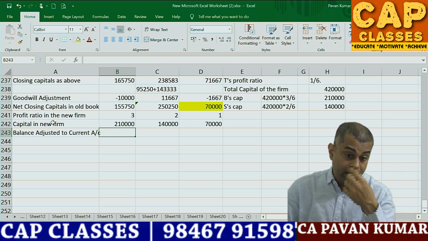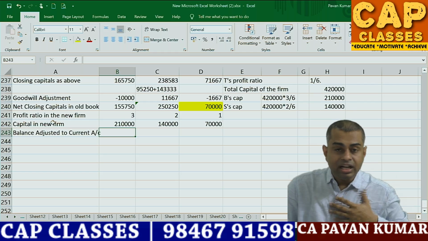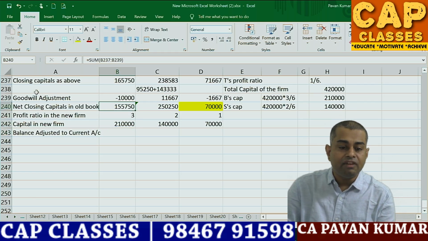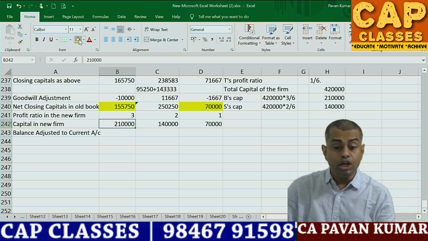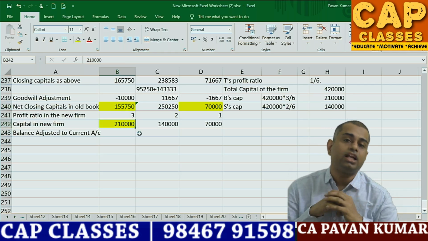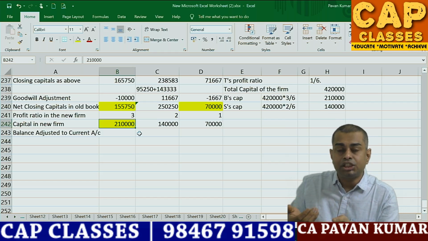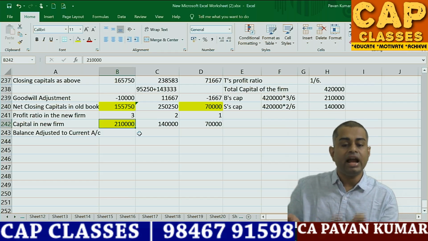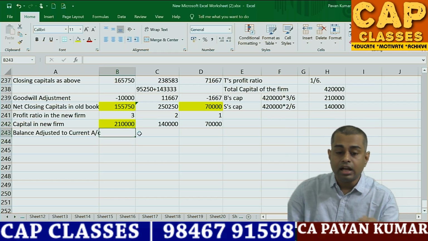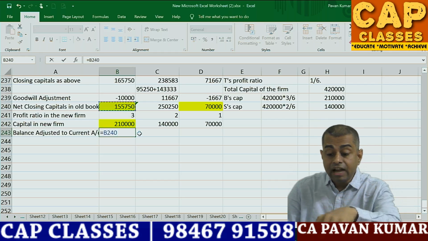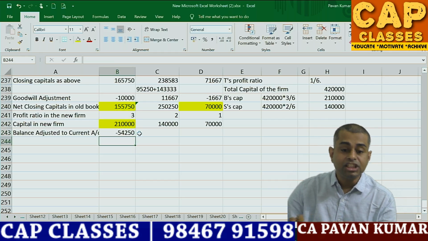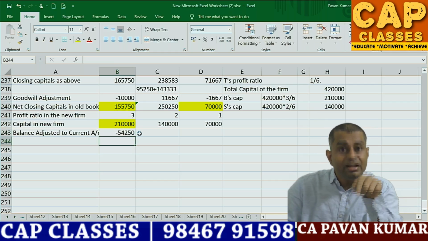Now try to understand. In the old firm my capital is 1,55,750. In the new firm my capital is 2,10,000. So what should I do? I should bring cash. But here I am not bringing cash, I am writing it in current account. So 1,55,750 minus 2,10,000, 54,250 deficit.